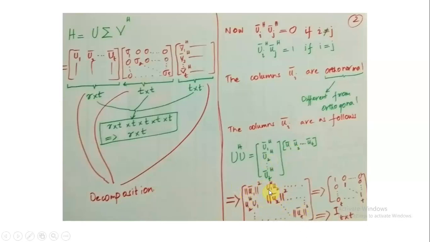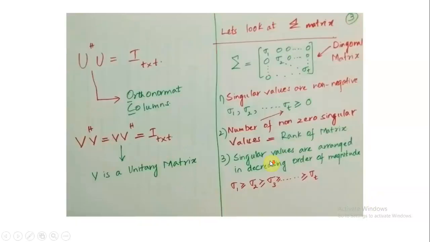The off diagonal elements would be multiplied with each other, and because these are orthonormal, they would be all zeros, and all the diagonal elements should be equal to 1 following this property. So when you multiply U to the power H with U, this is basically the identity matrix. So this is the property of being orthonormal, and it is saying that the columns are orthonormal.